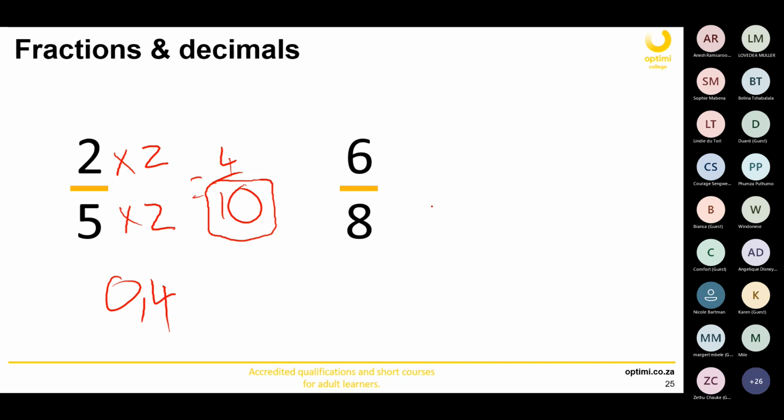If I were to make 6/8 a decimal, what do I do? I cannot convert 8 to 10. I cannot convert 8 to 100, but I can convert 8 to 1,000. Eight times 125 is 1,000.